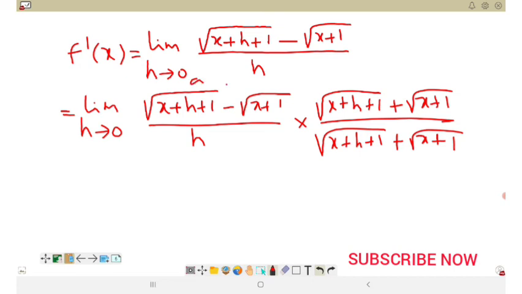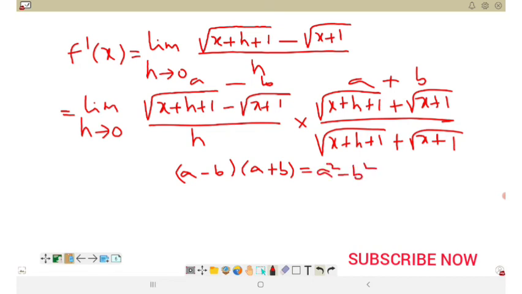So this is in the form of a minus b into a plus b. So a minus b into a plus b is equal to a square minus b square.